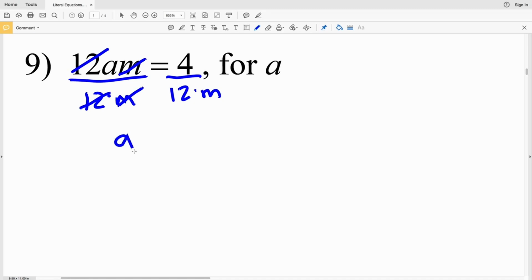So we'll be left with a, since 12 divided by 12 is 1, m divided by m is 1, and 1 times a is a, and that's going to be equal to 4 over 12m. However, this can be simplified down. 4 goes into 12 3 times. So we can say a equals 1 over 3 times m. So 1 over 3m is equivalent to a.